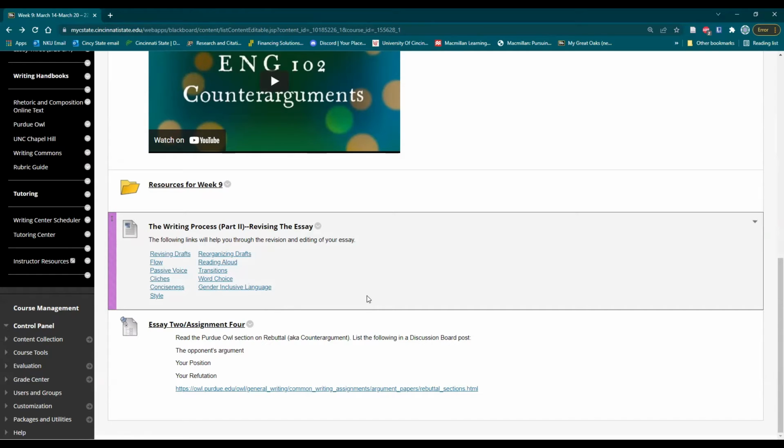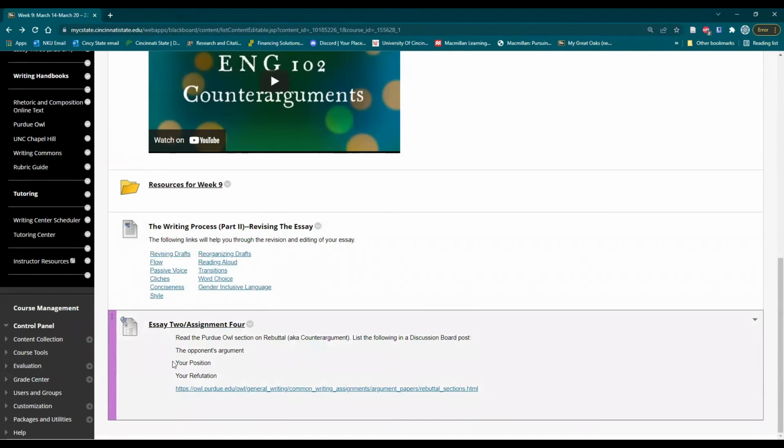So the assignment itself is to put your counterargument and rebuttal on the discussion board. So again, it will have 3 parts. You'll present the opponent's argument, that is the counterargument, what your position is, and then what your refutation is.